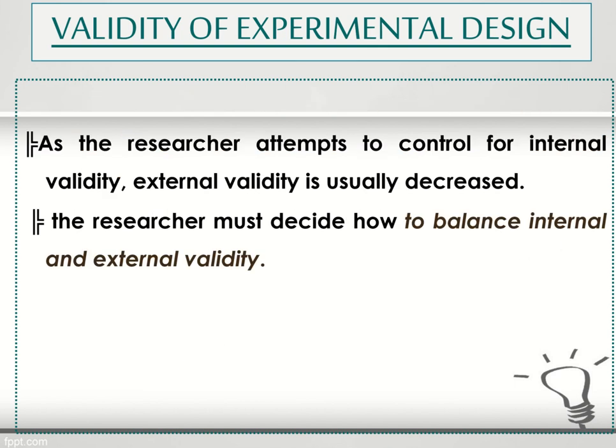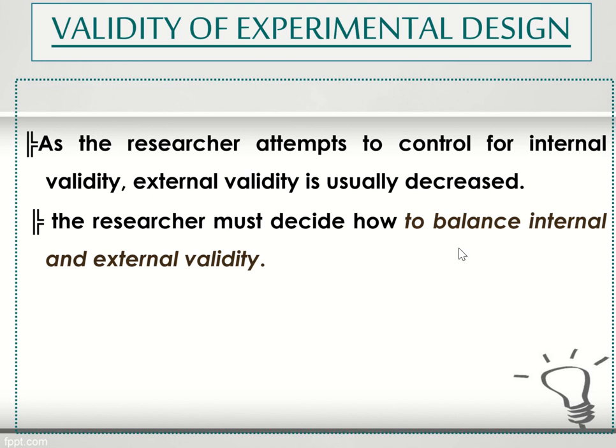Internal and external validity are related in that as the researcher attempts to control for internal validity, external validity is usually decreased. Conversely, when the researcher is concerned with external validity naman, or the generalizability of the findings to other settings and other people, the strict control necessary for high internal validity may be affected.